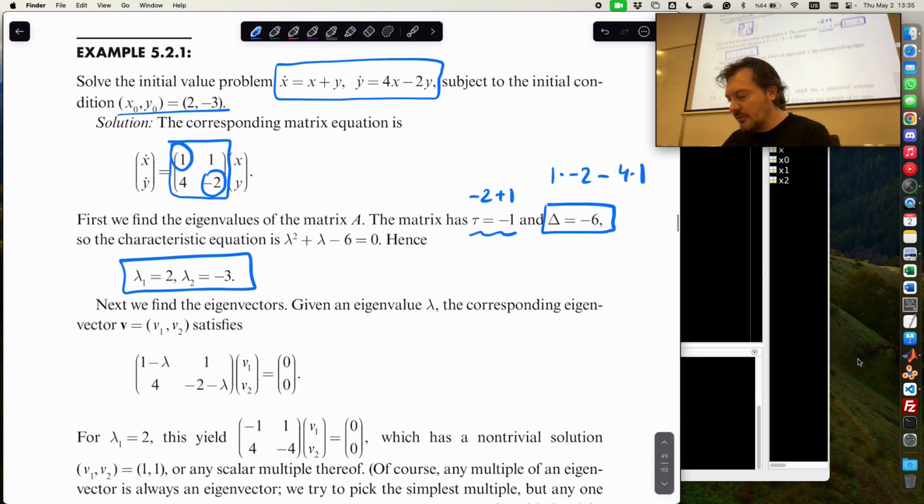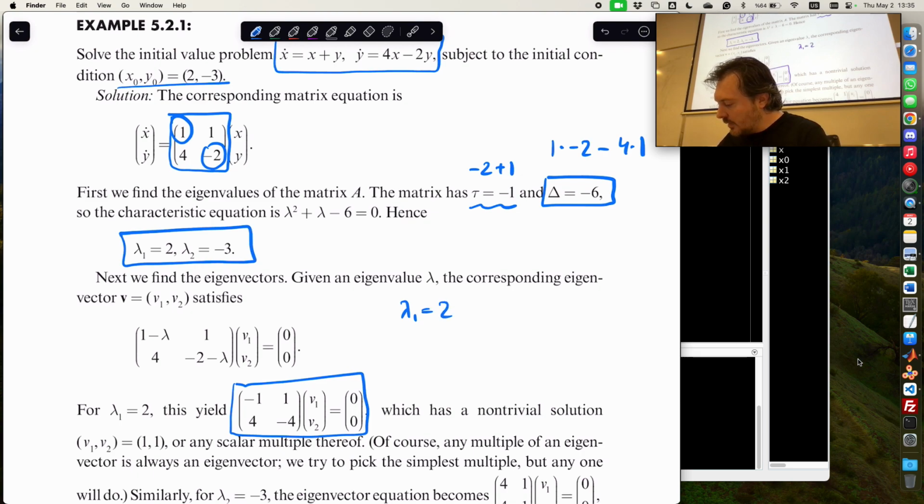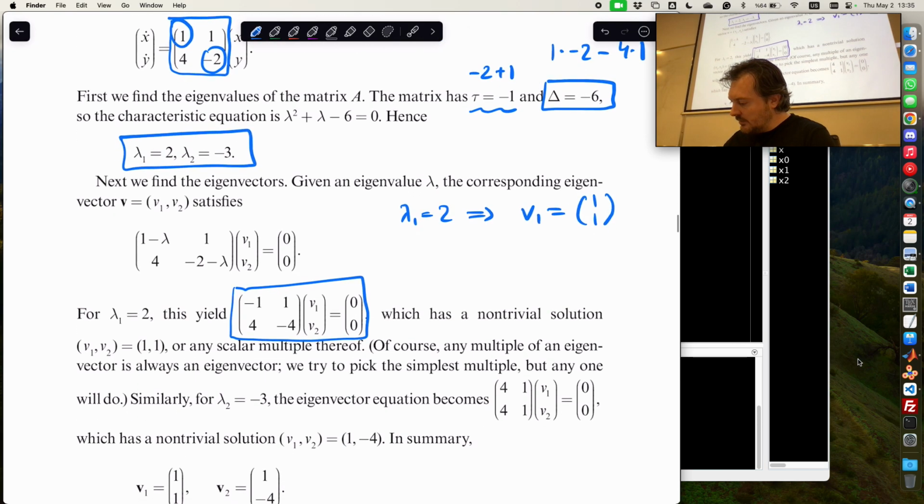Do you remember how to get eigenvectors? You just plug them in and you are looking for vectors that satisfy this equation equal to 0. For lambda 1 equals 2, the vector becomes (1, 1). Okay?